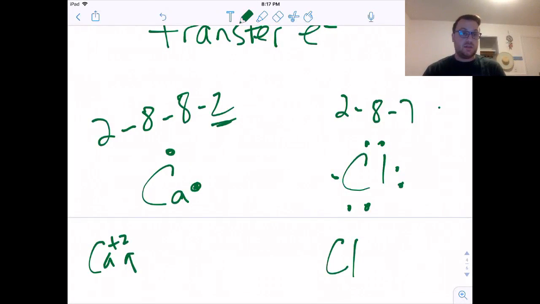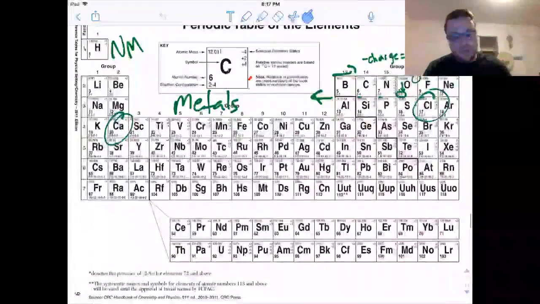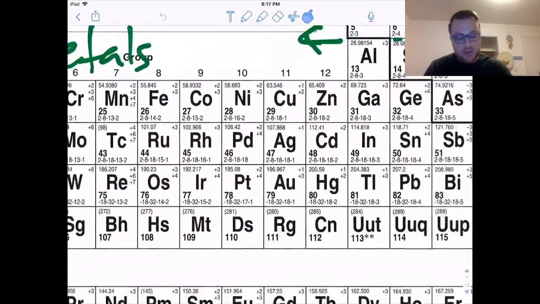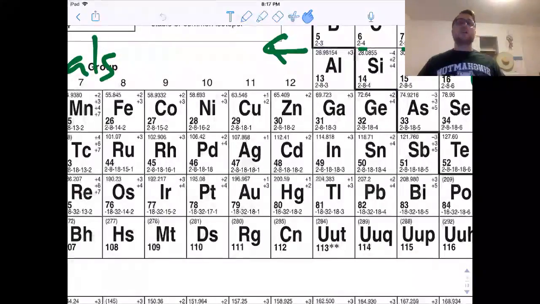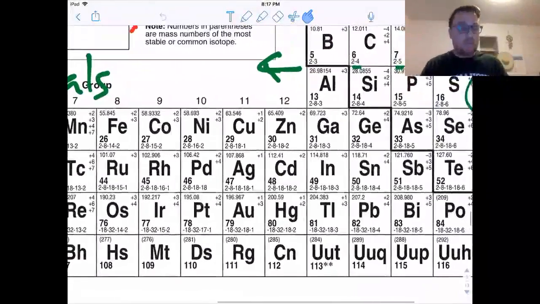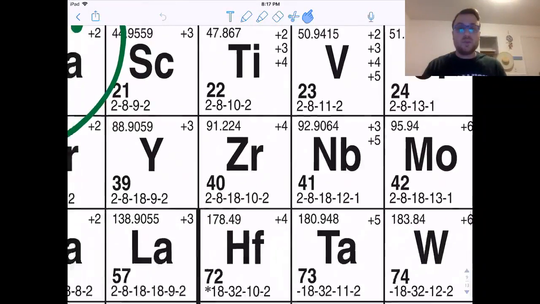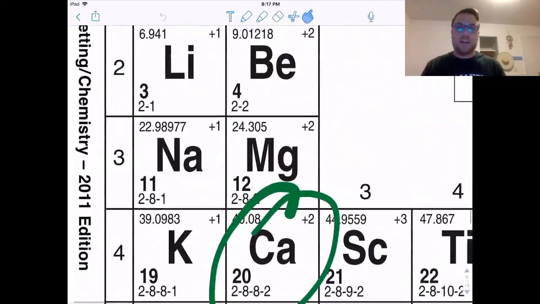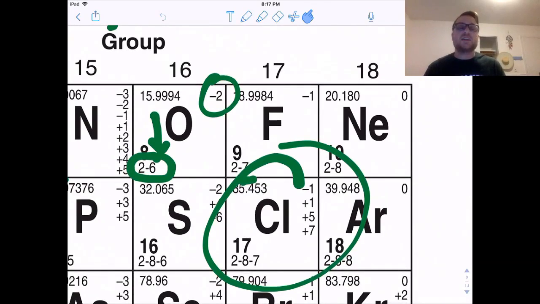If you look at the periodic table, when metals form an ionic bond and make an ionic compound, they become ions. That means they're charged. And metals are always positively charged. When you look through all of these metals, you will not find a negative charge. So chlorine has positive options, but when it's bonded ionically with a metal, it can only be that -1 because the positives and the negatives need to cancel out.